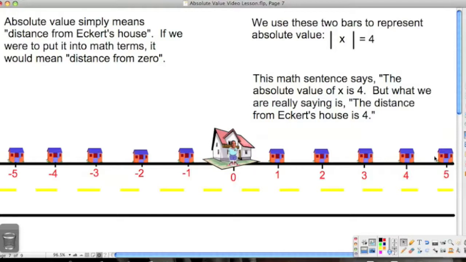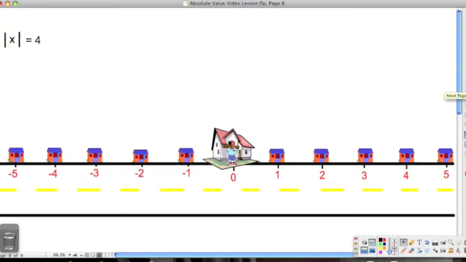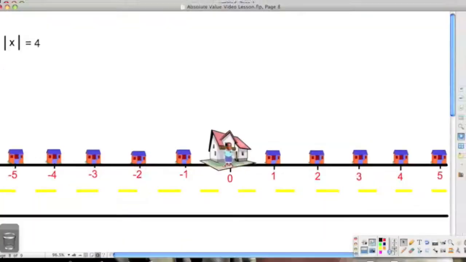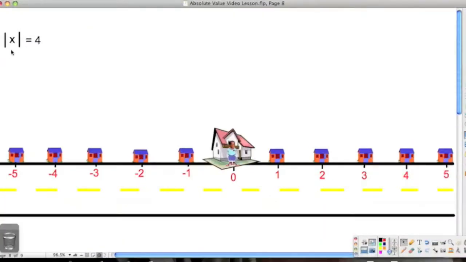As we move on to the next page, you're going to see this sentence again. The distance from Eckert's house is 4. Let's take a look at which houses are 4 away from me.